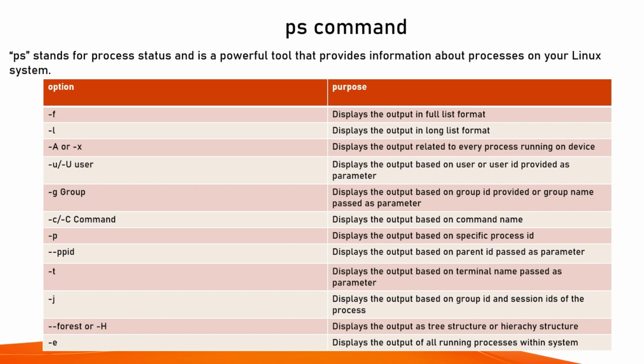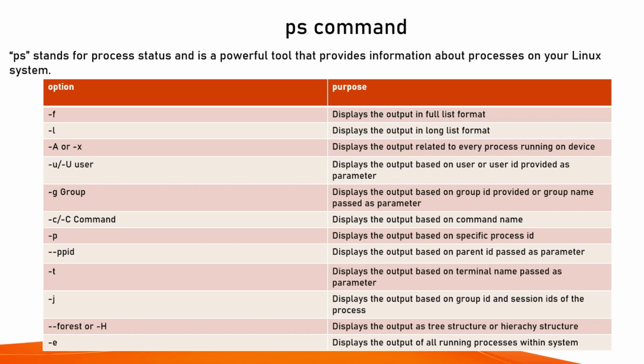Moving to the next one, we have minus small u and/or minus capital U, which means user. It will display the output based on the user or the user ID provided as a parameter. Moving to the next option with ps, we have -G, that is nothing but a group.